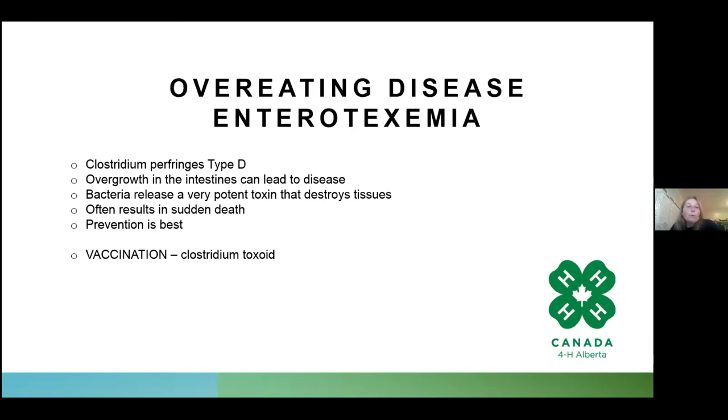That will be good until the baby is about 6 to 10 weeks of age. Then baby needs his own vaccine. That's when you'll come in with your Glanvax or your Covaxin and give baby a vaccine, and you have to booster it a month later. So clostridial vaccines are very important with sheep because we don't like enterotoxemia.